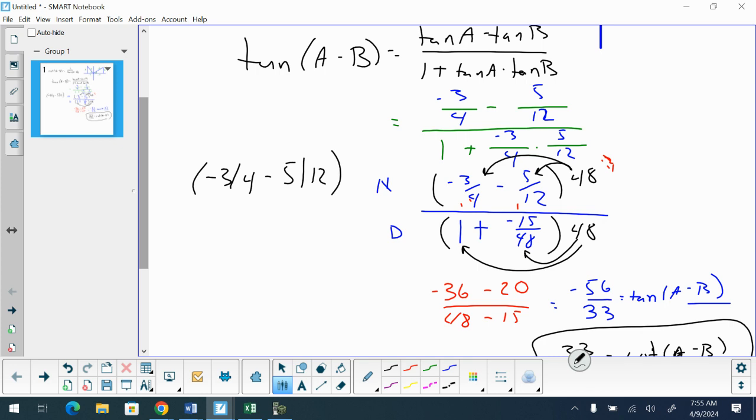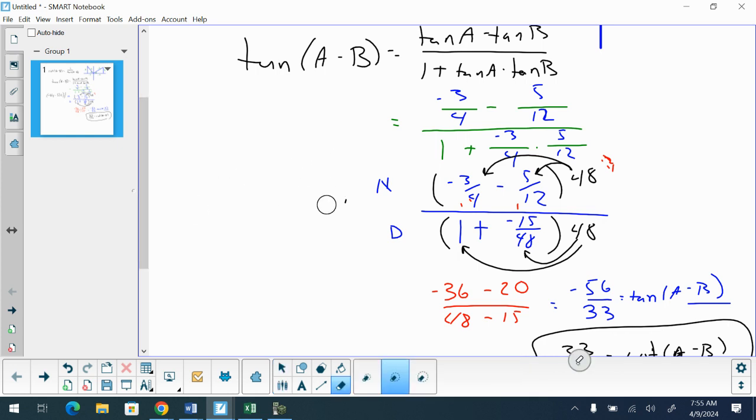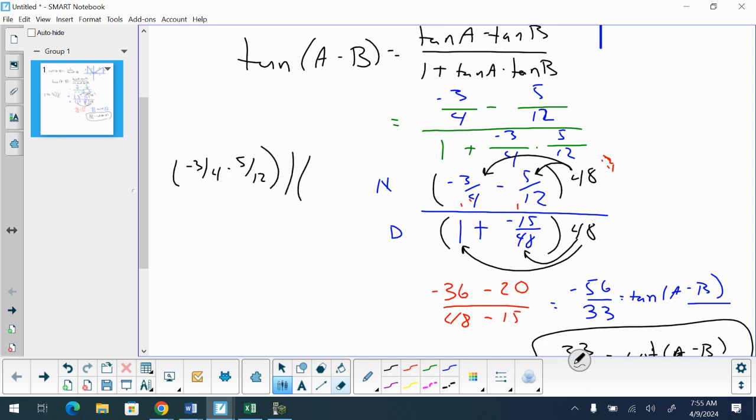And your parentheses divided by quantity, 1 minus 15 divided by 48. Okay, we can quickly collect that into our calculator.